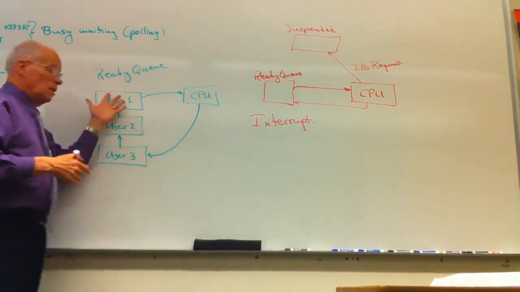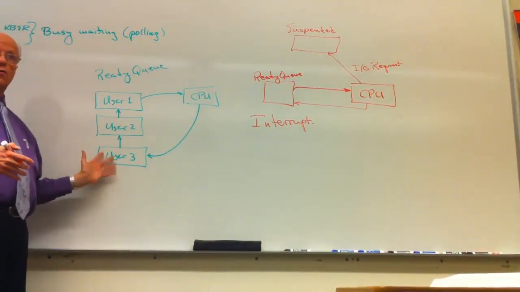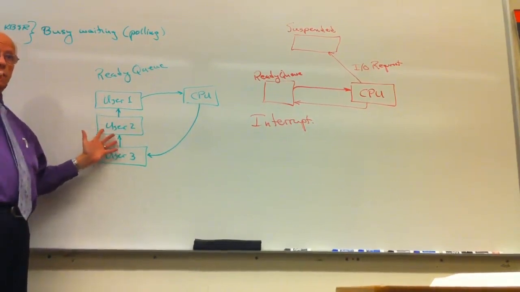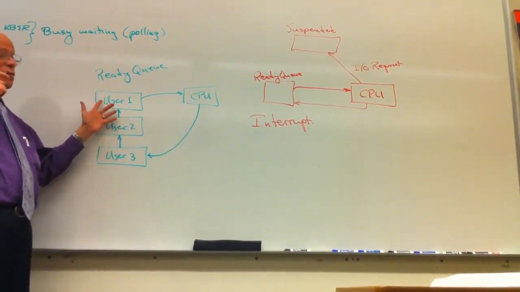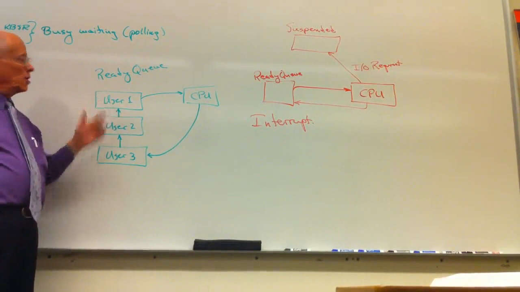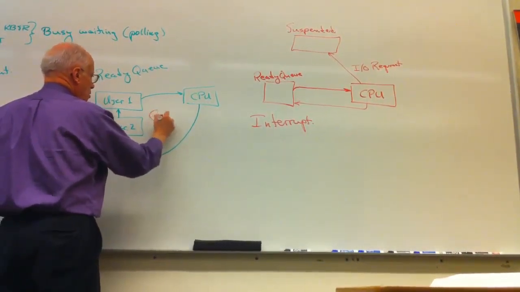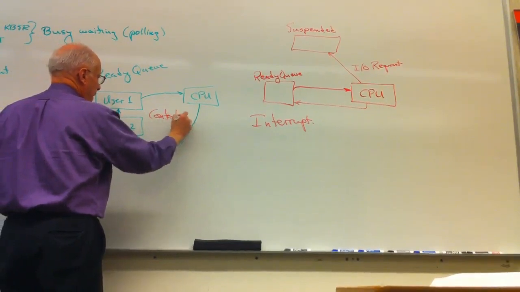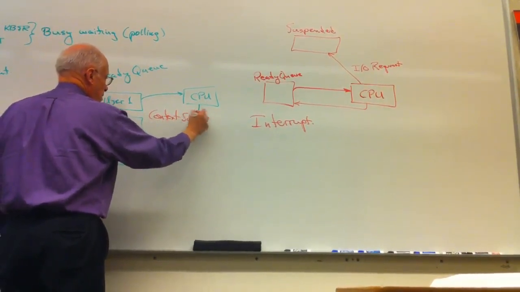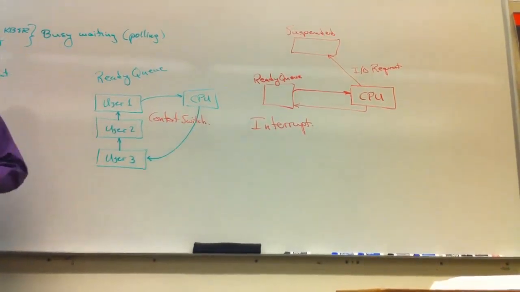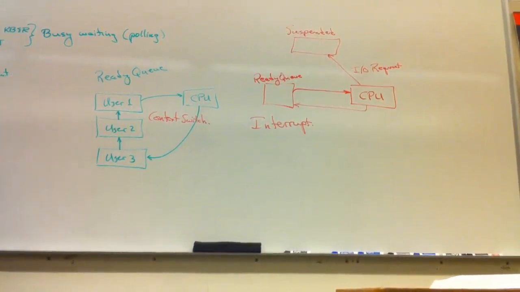One of them is all of these users and their programs and where they are and what's happening. This change through here is called a context switch. There's a lot of work that goes on. You'll encounter that when you take the operating systems class.